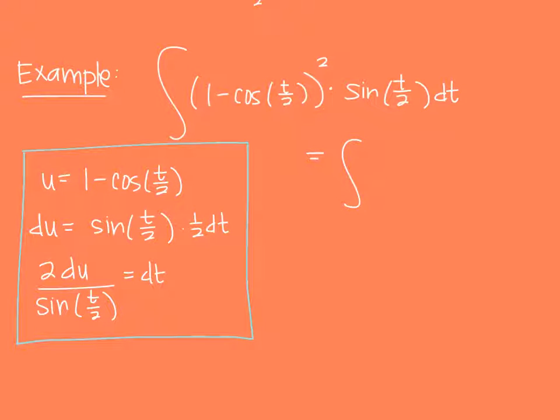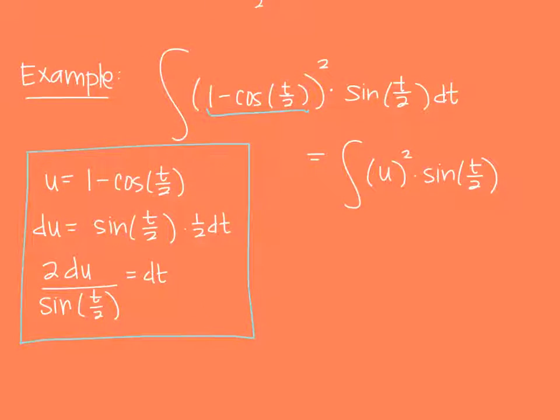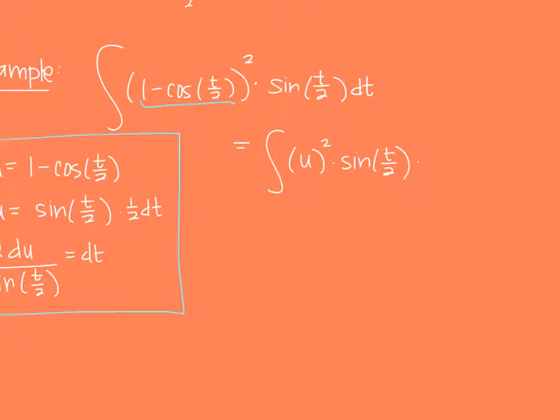So my integral will simplify to the quantity of u squared, because that's what I chose my u to be, multiplied by the sine of t over 2, which I'm not going to worry about that right now, because I know that when I replace my dt with 2 du, it's also over the sine of t over 2, which will reduce away. What can I pull out to the front of this integral?